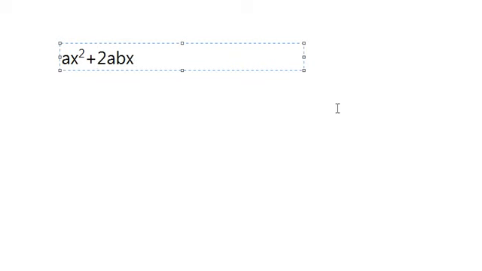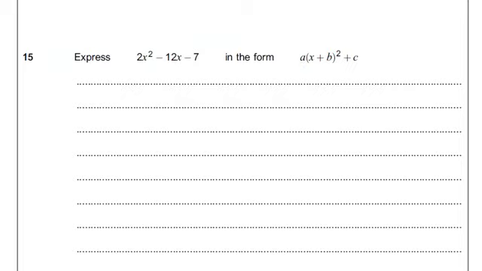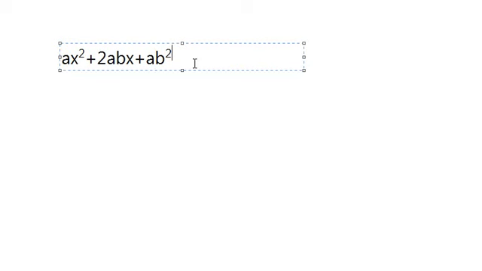2abx plus b squared, I think, ab squared. Yeah, ab squared, then plus c. So we have to identify like terms right now.